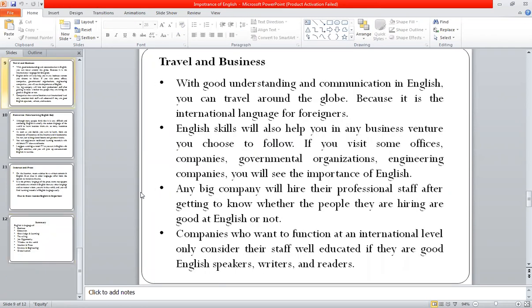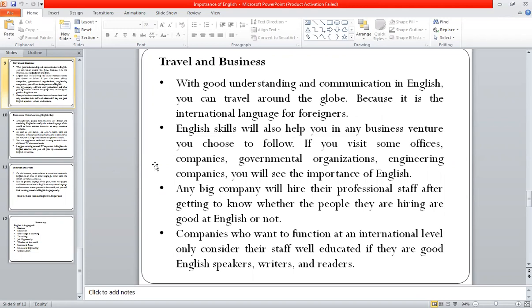The next slide is travel and business. It is the language of travel and business. So what's there in this point? With good understanding and communication in English, you can travel around the globe.